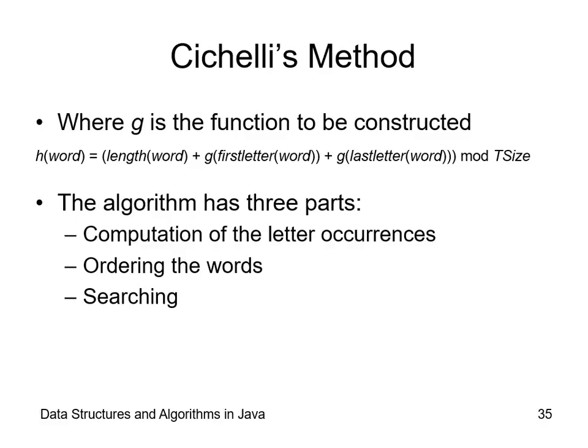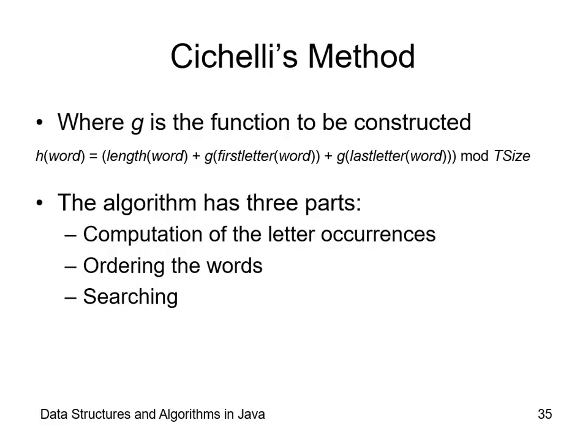The hash function is calculated from the length of the word, plus a G function that takes the first character of the word, plus the same G function applied to the last letter of that word. What is the G function? It's a function that we have to find out.